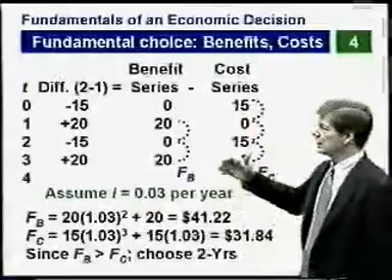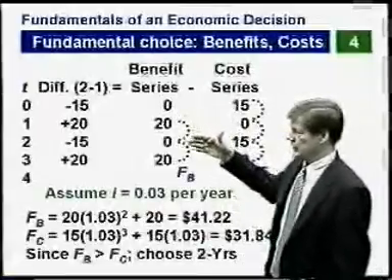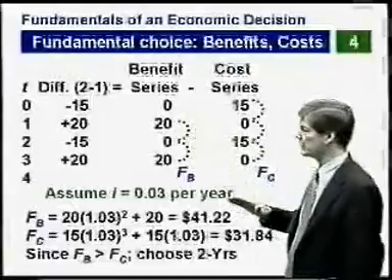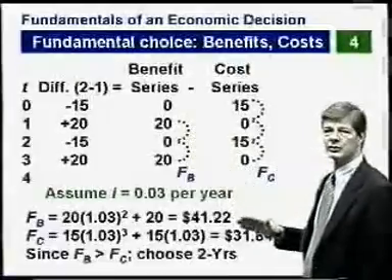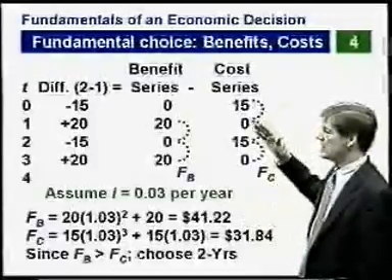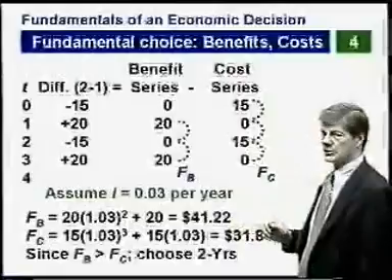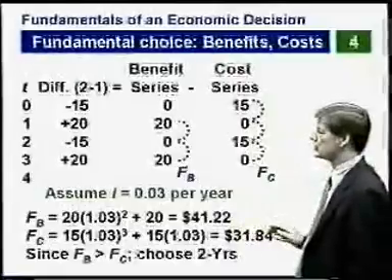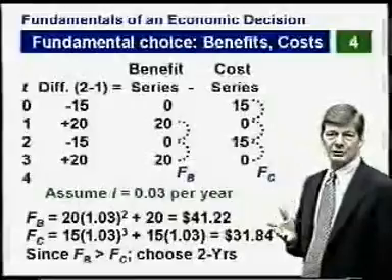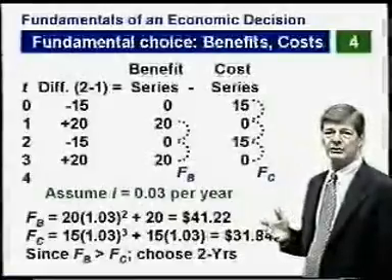In other words, investing the benefit cash flows, the savings here, at 3% per year would result in an accumulation of $41.22, whereas investing these cash flows at 3% per year would accumulate to $31.84. The decision should be fairly obvious.